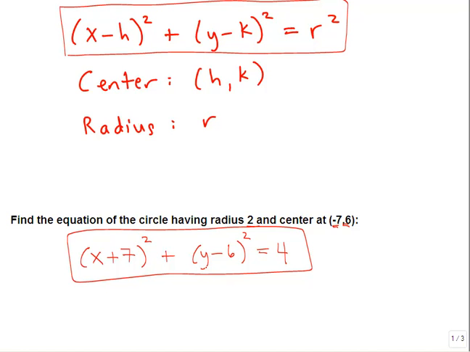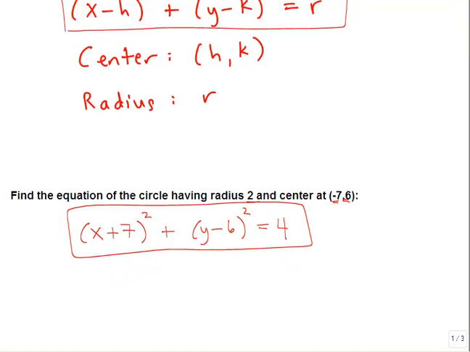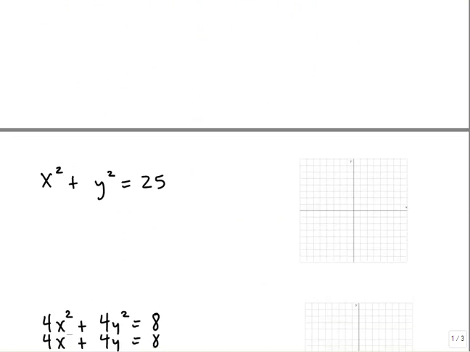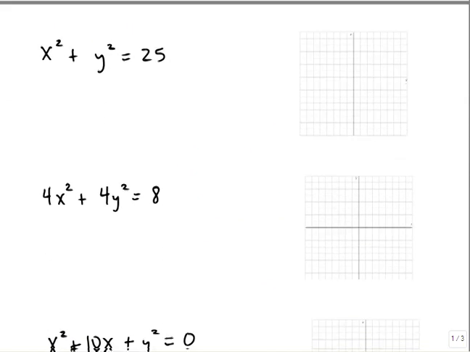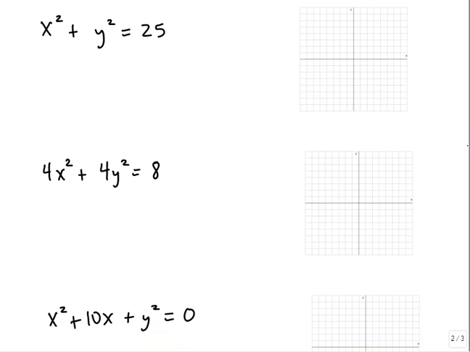But what makes something a circle is that it always has to have an x squared term plus a y squared term, and the coefficient of the x squared and the y squared terms always match if you're talking about a circle. So if you look at the equations on this next page, I know just by looking at these that they're circles because they all have x squareds and y squareds.